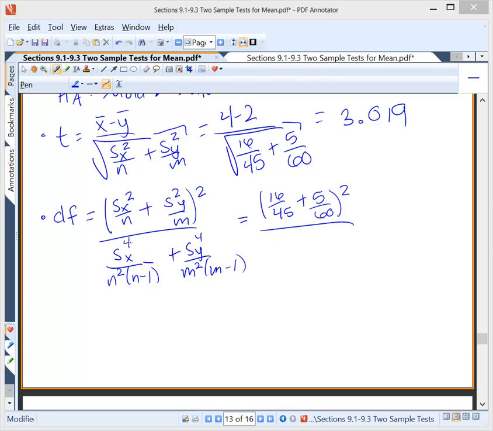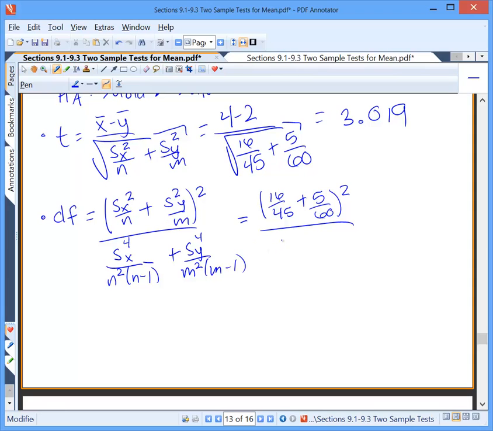Now this s_x to the power of 4, because we already have the variance, we just have to square it to get to the power of 4. So 16 squared over 45 squared times 44 plus 5 squared over its sample size squared times sample size minus 1.